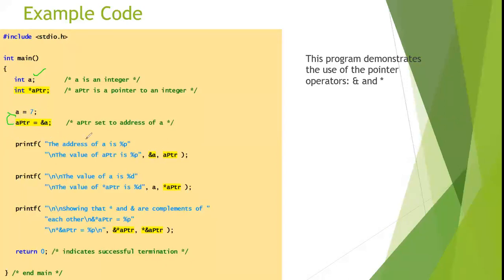So I say printf: the address of a is whatever the address will be, it will be printed, right? And the value of aptr is this. Any doubt in this?